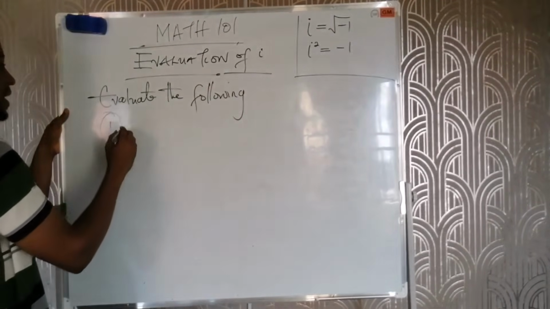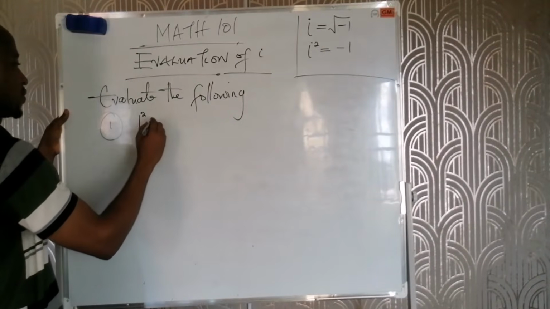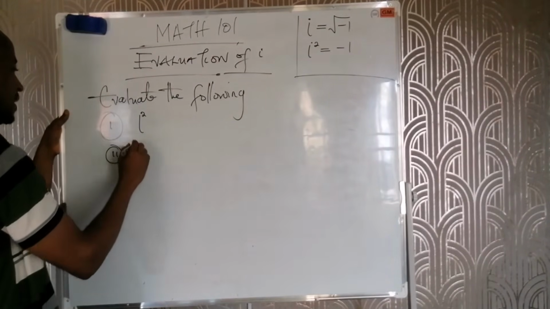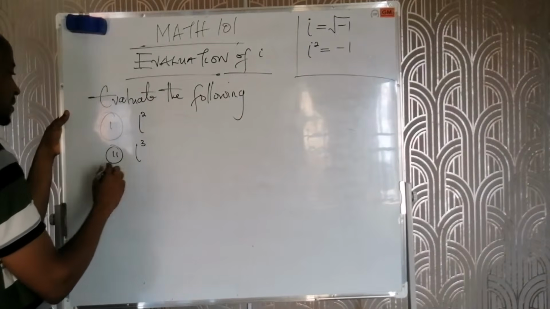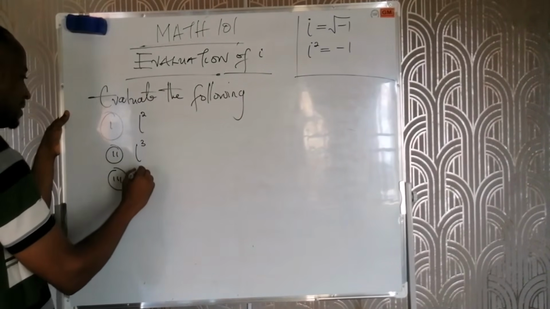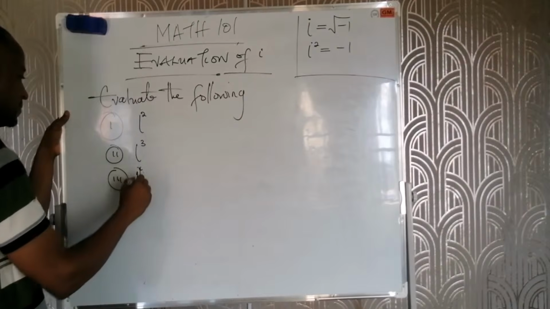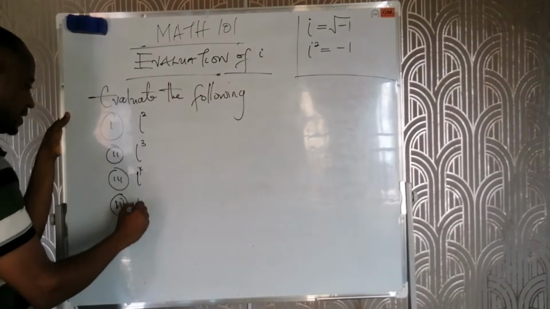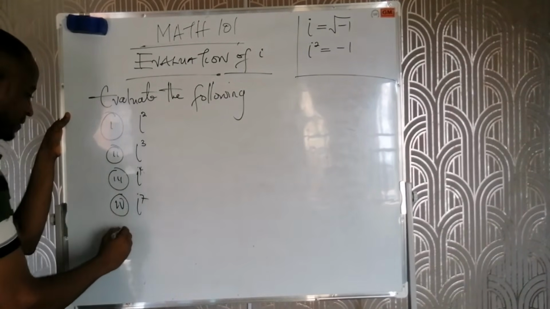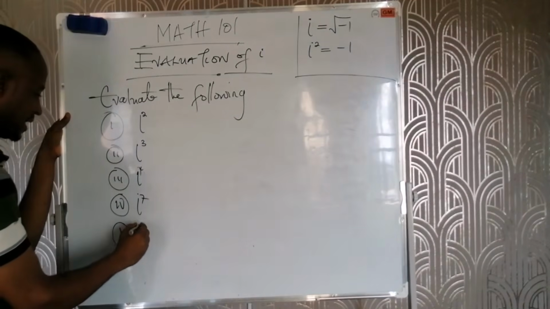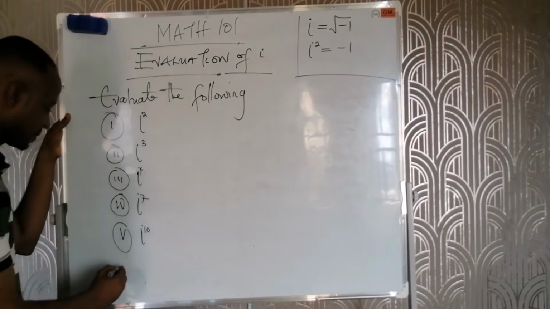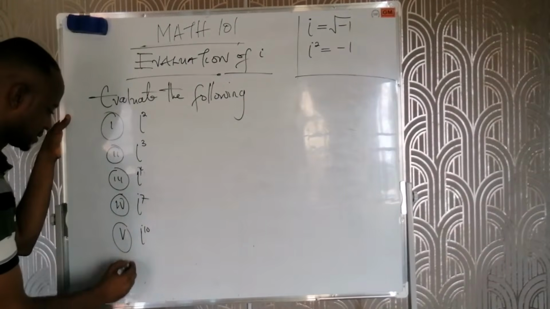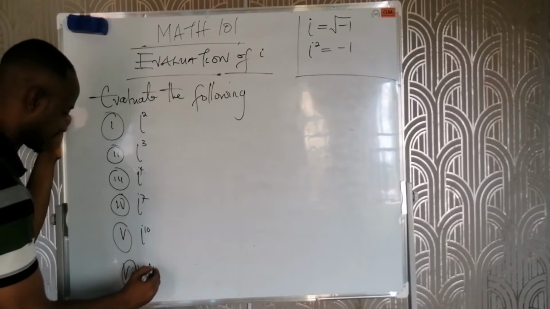The first one, I squared. Number 2, I raised to power 3. Number 3, I raised to power 4. Number 4, I raised to power 7. Number 5, I raised to power 10. Number 6, I raised to power 12.